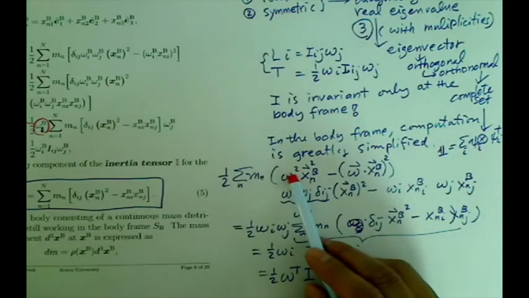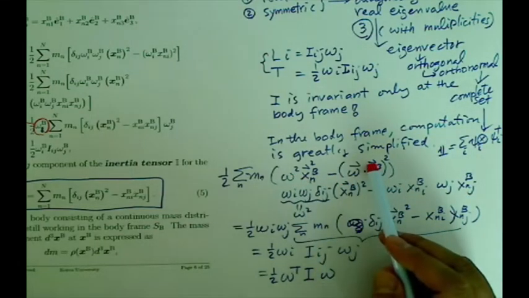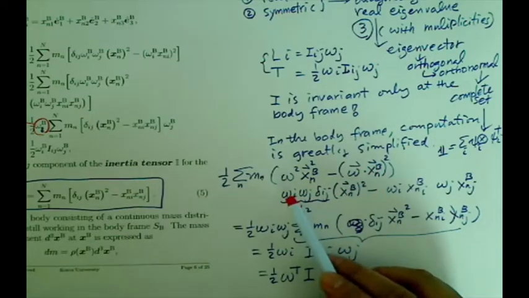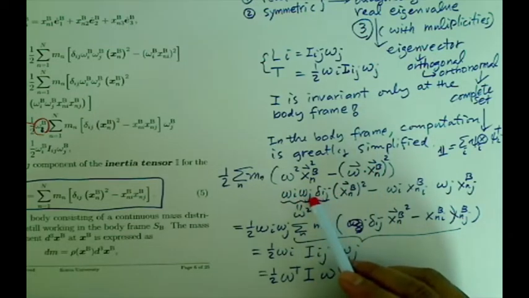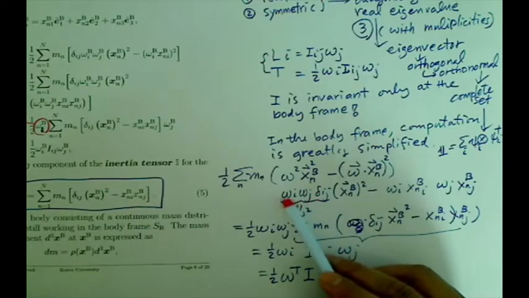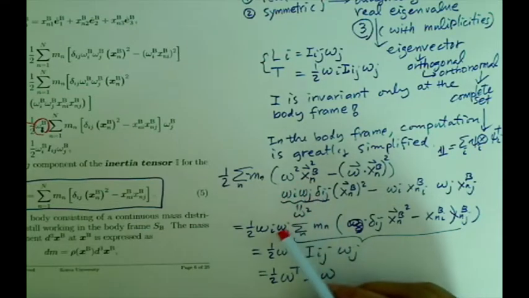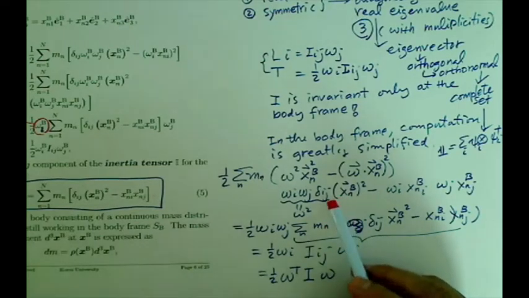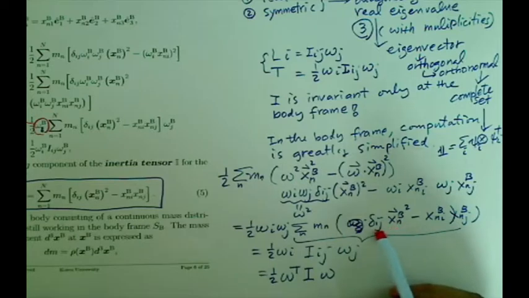In these two terms, we have the common factors omega_i and omega_j. Let us pull this factor out, omega_i omega_j. Then the summation is here, and the remaining piece will be delta_ij x_nb squared minus x_ni x_nj.